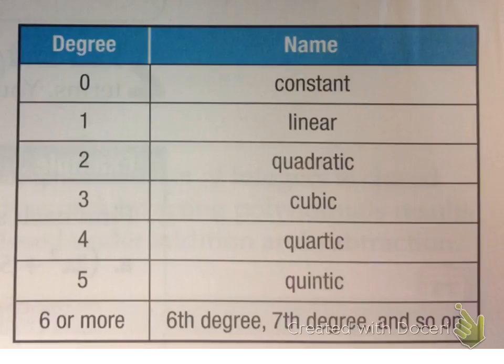We have degree 0, 1, 2, 3, 4, 5, and 6 or more. Notice that at 6 or more, we kind of gave up on naming them. It's the 6th degree, 7th degree, and so on. But if it's a 0 degree, which means there's no variable there, it's just a number, it's called constant. First degree is linear, that's a line. Then quadratic, cubic, quartic, and quintic.